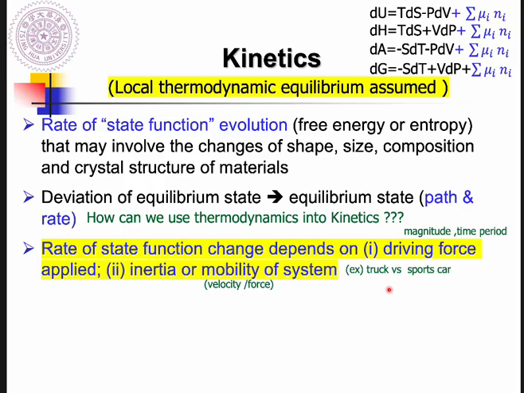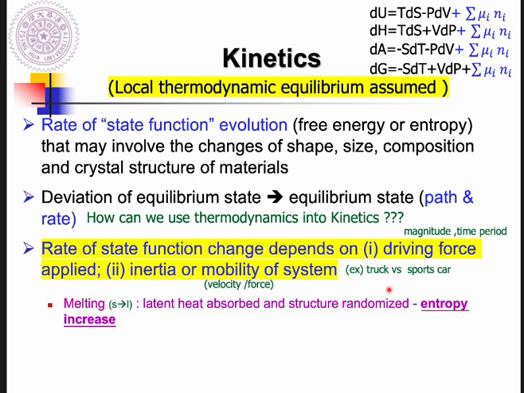Okay, let's move on. I'm going to give you three examples, and I hope that based on them you can find out what the driving force is and what the inertia or mobility of the system is in each specific case.